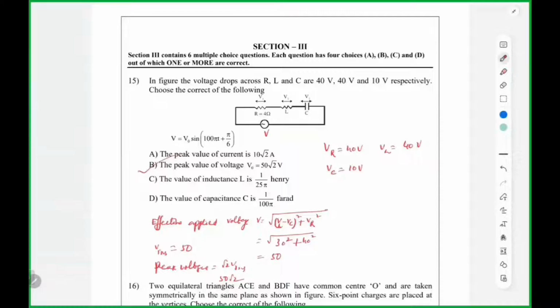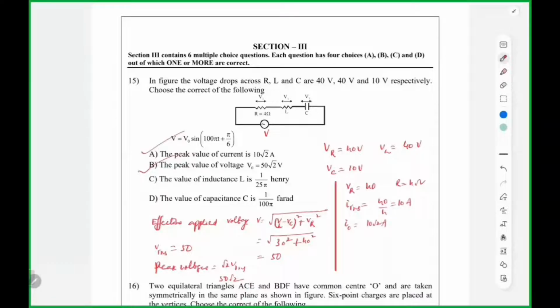And here the peak value of current: the potential drop across the resistor is 40 volts, the resistor is 4 ohms, so IRMS will be 10 amperes, and the peak current will be 10 root 2 amperes.